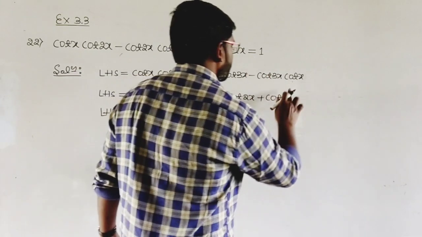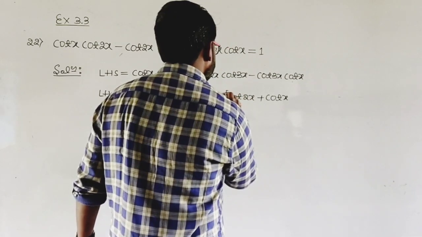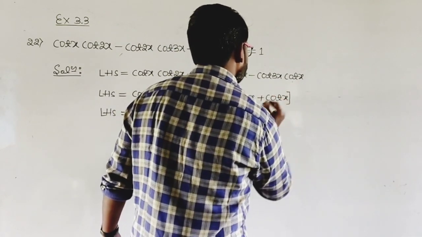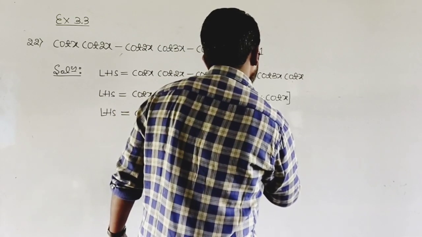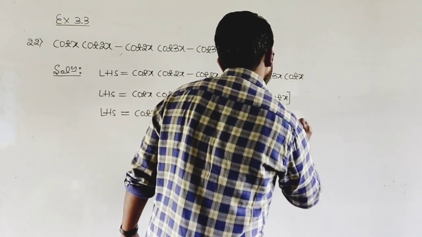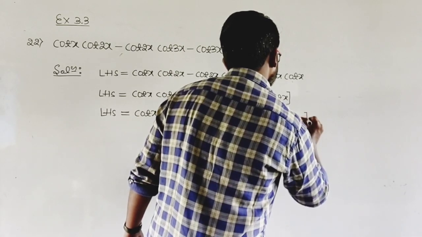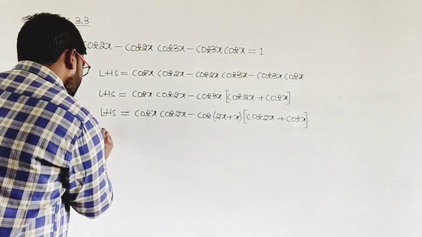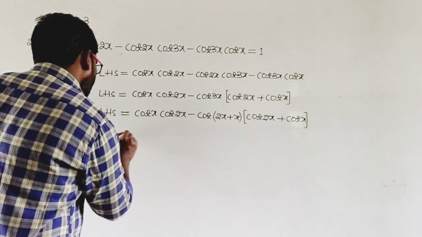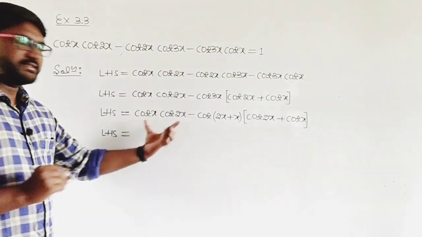So here, for better understanding, you put the square brackets. Cot 2x plus cot x.